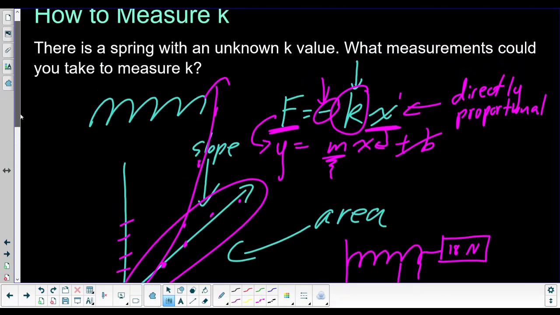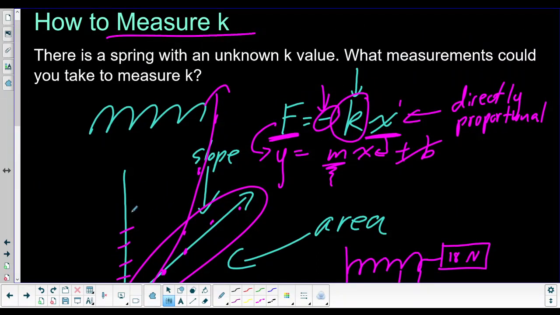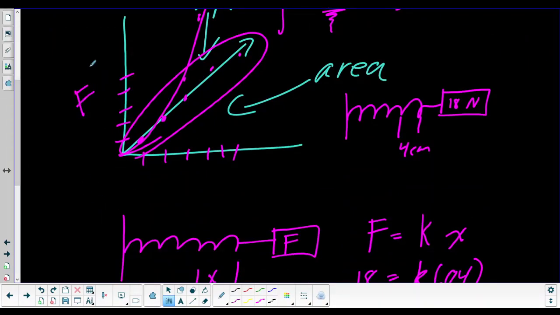So to measure k, we measure displacements, we measure the amount of force required to get that much displacement, we graph force on the y-axis, displacement on the x-axis, and then our slope tells us k.